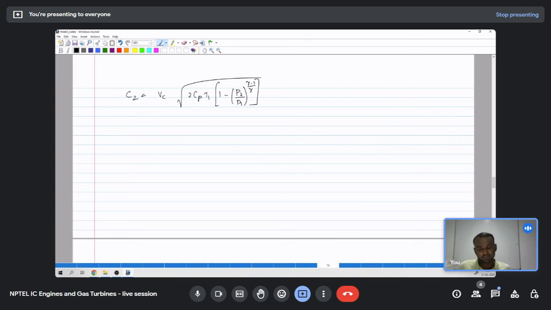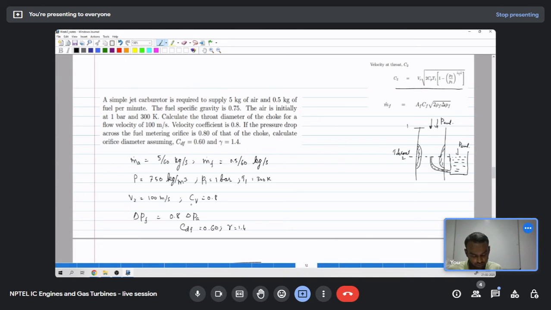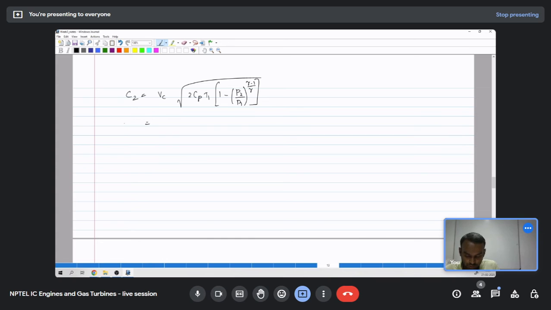So we will get this expression when we solve the steady flow energy equation. Here Vc is the velocity coefficient. Now with this we can calculate the pressure ratio P2 by P1, and then we can calculate the pressure at throat.